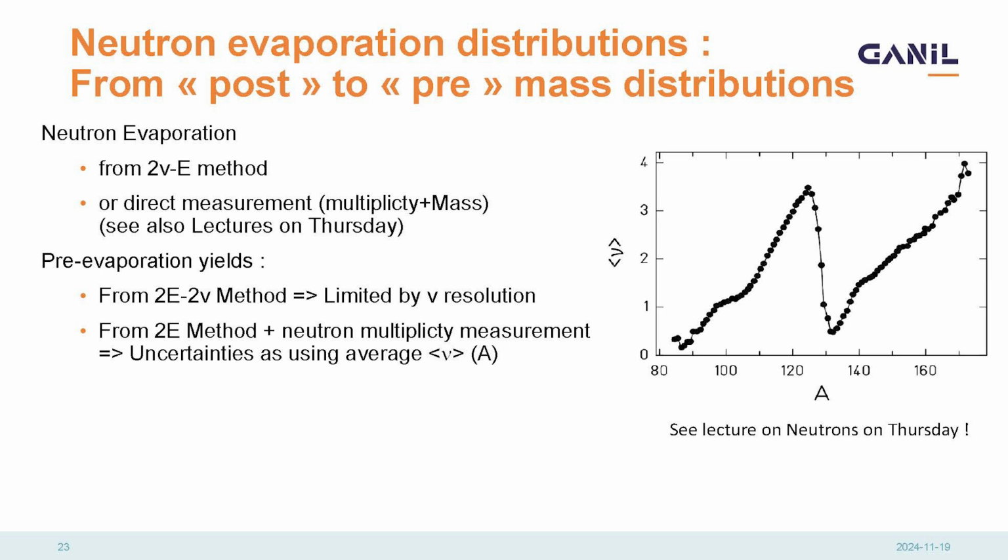My interest is that I would like to see how we are able to reproduce or model the way a system like Californium-252 is fissioning. The evaporation is related to the excitation energy that will be given to the fission fragment, so it is really related to how the system has evolved, how the excitation energy has been shared between the fragments.